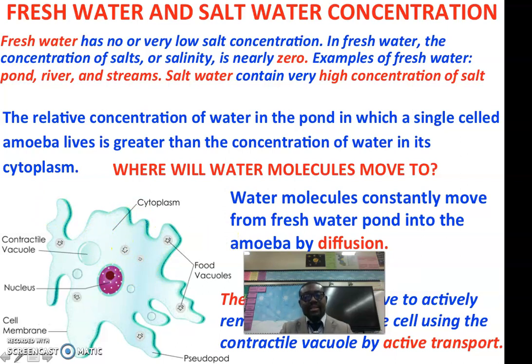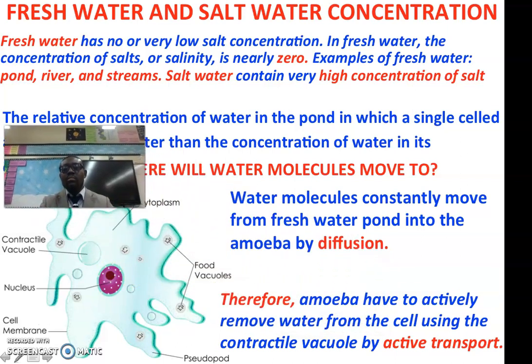So in this case, water will move constantly from the freshwater pond into the amoeba by the process of diffusion. The reason why water will enter the amoeba cell is simply because there is a higher concentration of water molecules in the pond, which is fresh water, than the lower concentration of water molecules inside the amoeba cell.